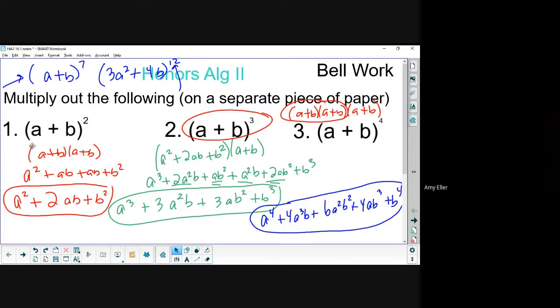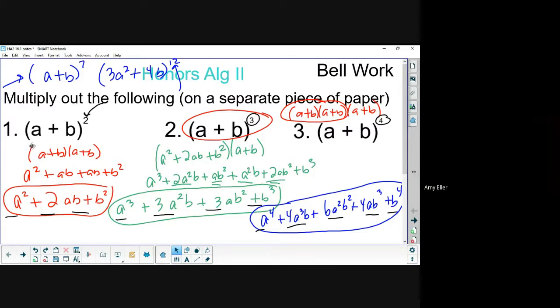Very good. The degree plus 1. That's the correct word I wanted you to say. This is to the 2nd power, and there are 3 terms. To the 3rd power, 1, 2, 3, 4. So it's the degree plus 1 more. How many terms you will have.